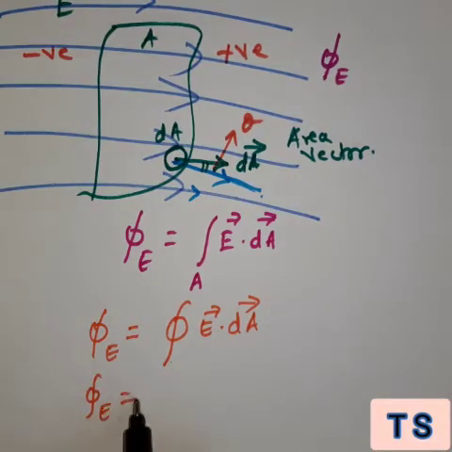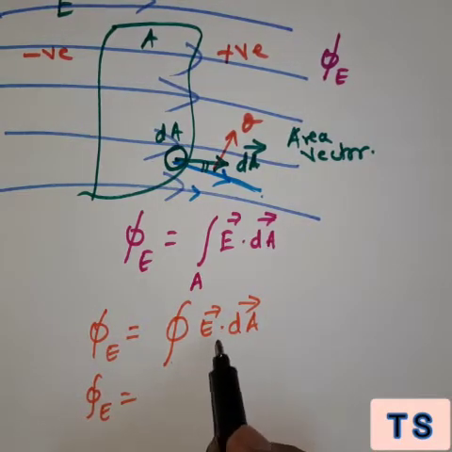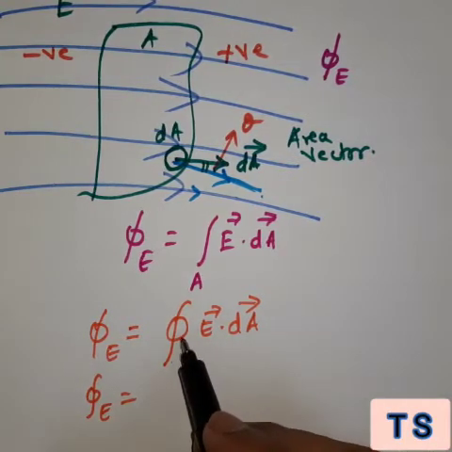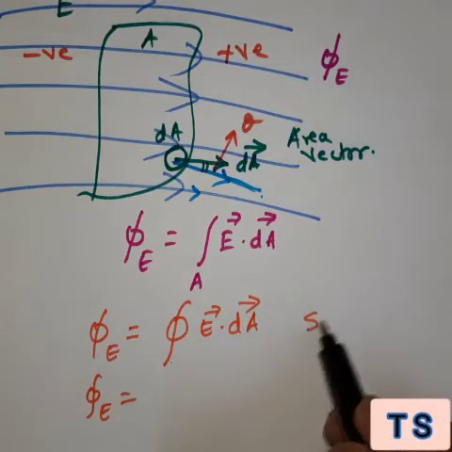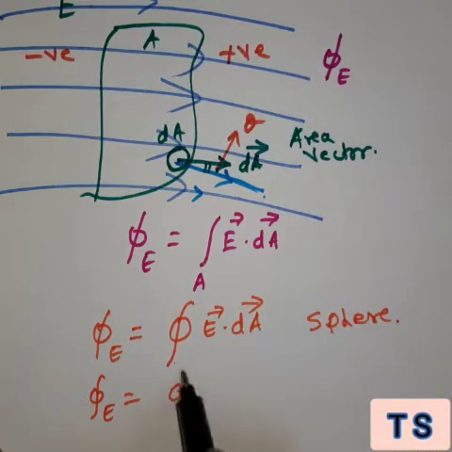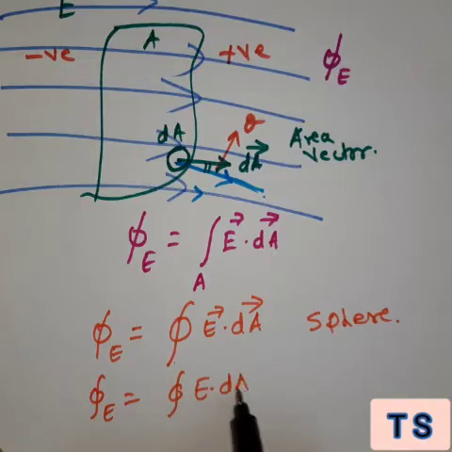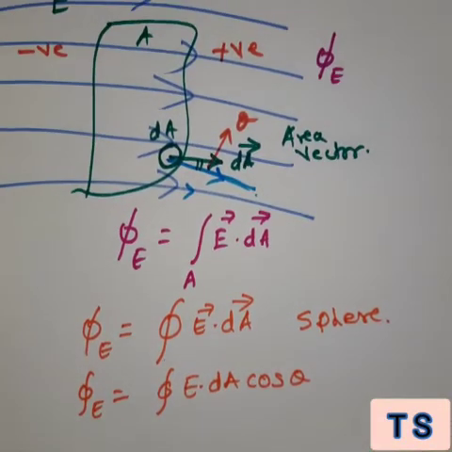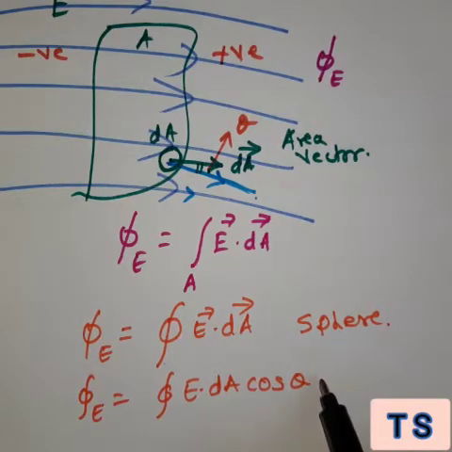Phi E equals, I know this is a dot product, so let's say that I take this closed surface and it's nothing else but a sphere. So I get E dot dA, and it's a dot product, so I get E dA cos theta. If I simplify this ahead, what will I get?